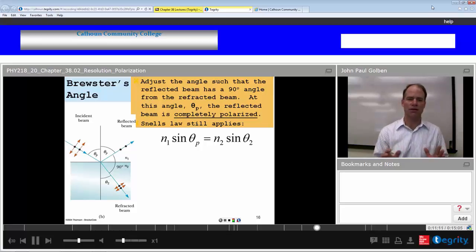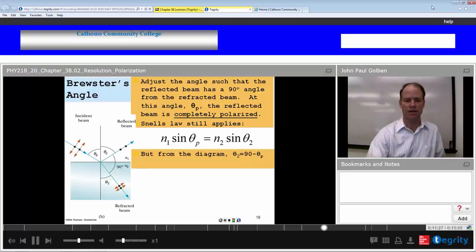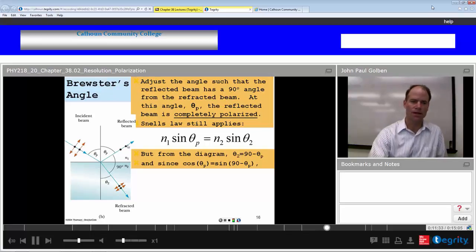In other words, N1 sine of our incident angle, our polarizing angle in this case, is equal to index 2 sine theta 2, where theta 2 is our refracted angle. But since there's a 90-degree angle between the reflected and refracted beam, if we look at the geometry of this diagram here, that means theta 2 and theta polarizing, theta sub p, add up to 90 degrees.